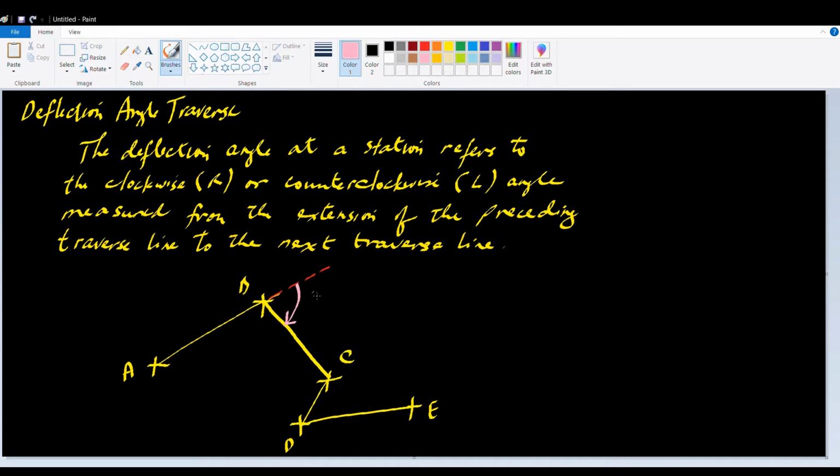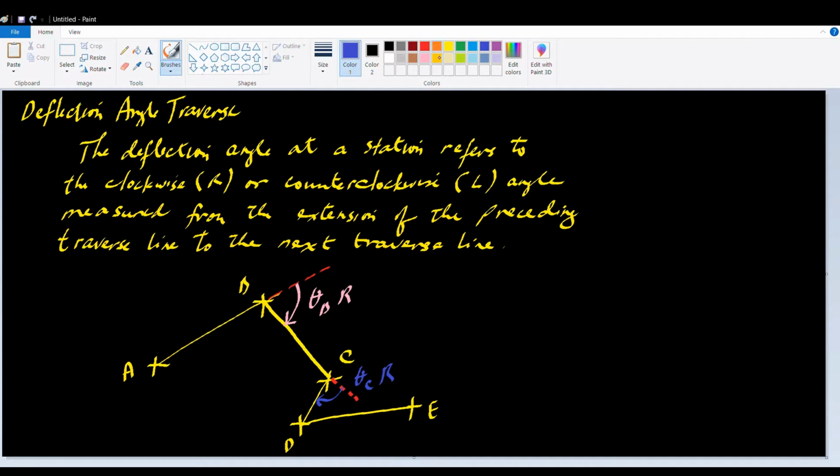We shall denote this as theta B, that is the deflection angle at B, and indicate the direction. It is clockwise, so it should be a right deflection angle. Proceeding to station C, we make an extension of line BC, and from that extension, we measure again the clockwise angle going to traverse line CD, and we shall denote that as theta C in a clockwise direction.